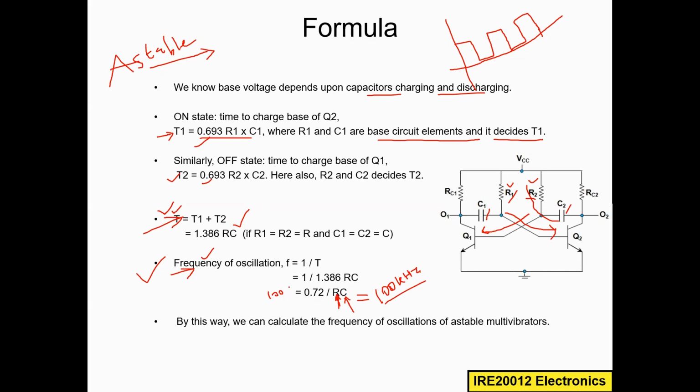So the frequency of oscillation F is equal to 0.72 divided by RC. This is the formula. In this way, we can calculate the frequency of oscillation of astable multivibrators. So far we have seen the formula.